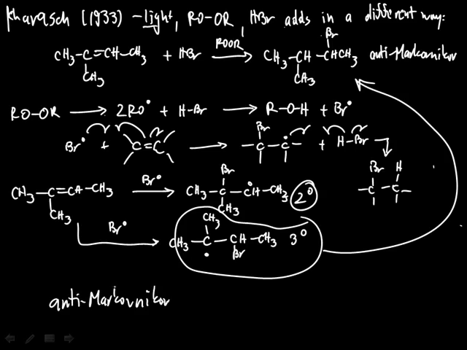And an important point, and one that we've seen already, is that radical reactions differ quite a bit in their energetics. And if they're unfavorable, they're just simply not going to happen. The anti-Markovnikov addition is favorable only for HBr.